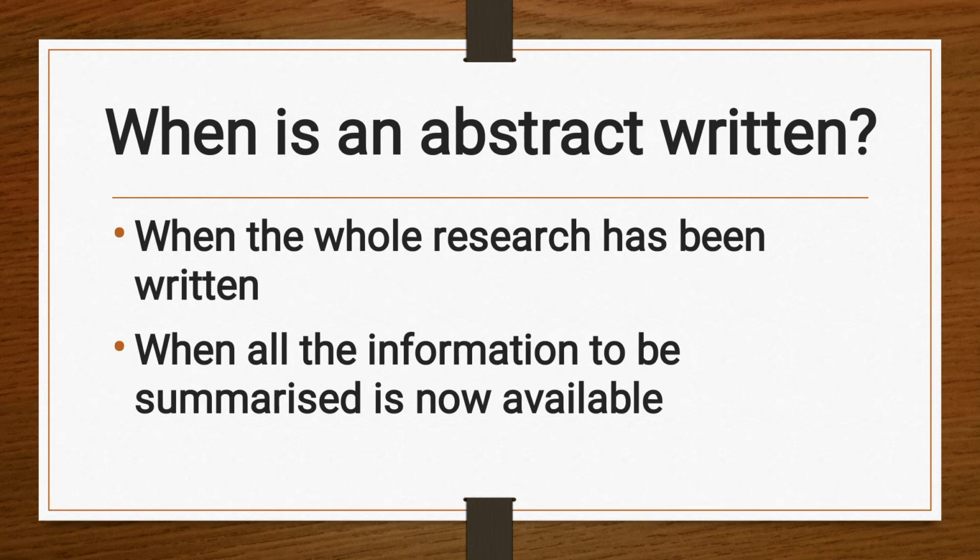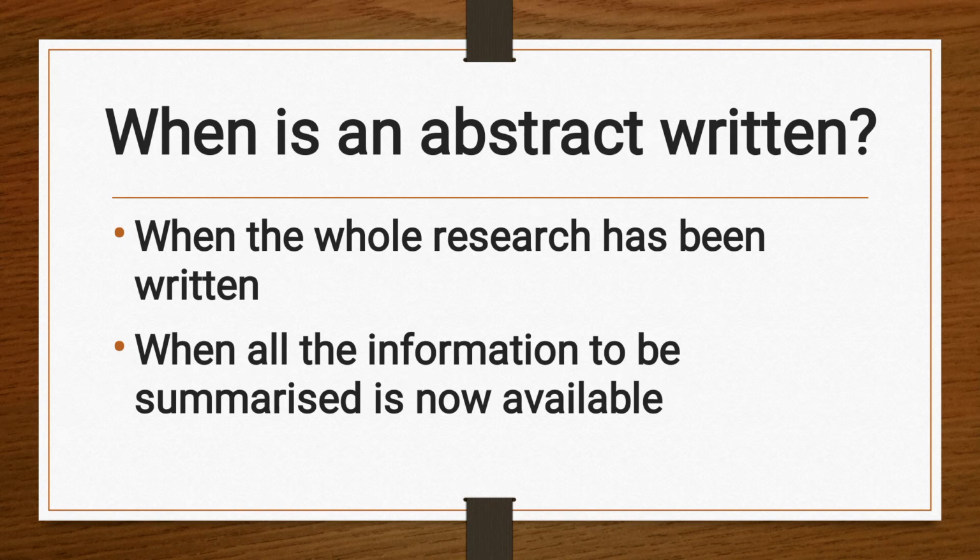The reason it should be so is that when the entire research has been written, this is when you can extract the important aspects that summarize your research. So this is when all the information to be summarized is available.